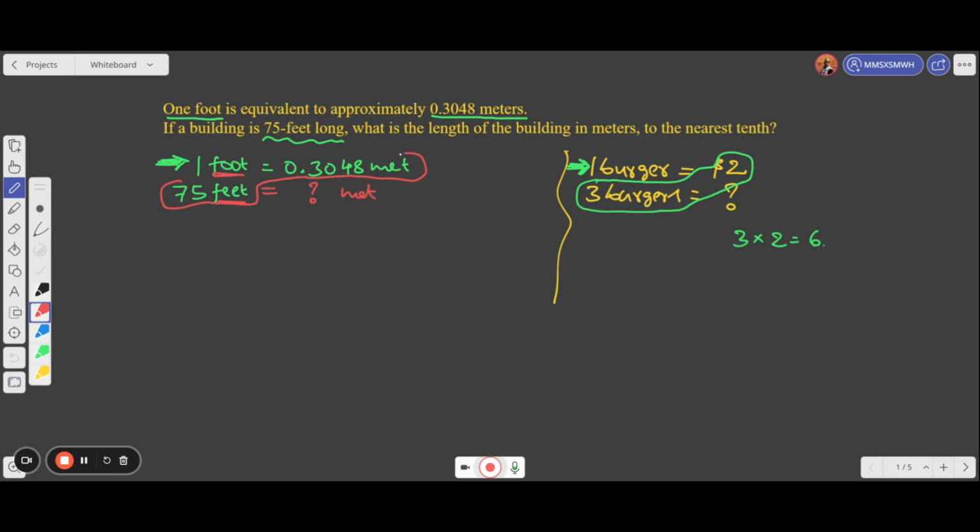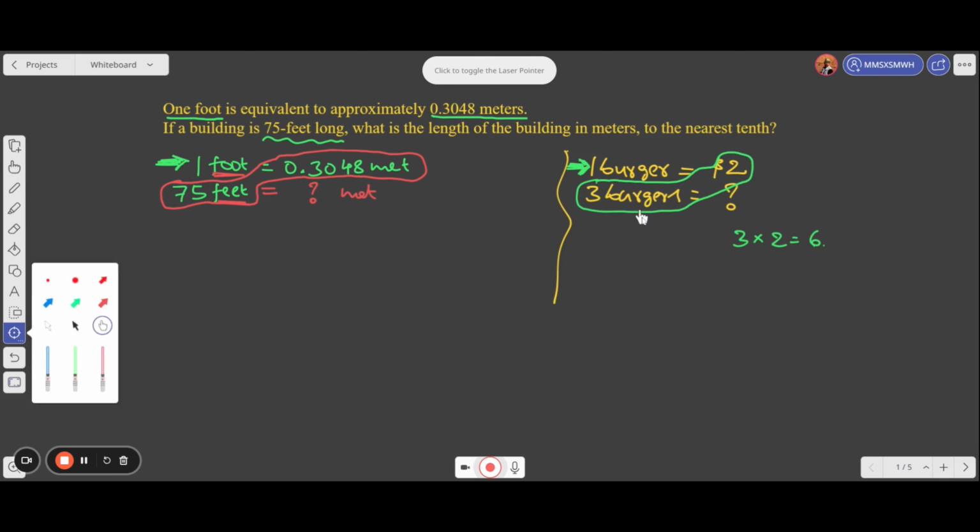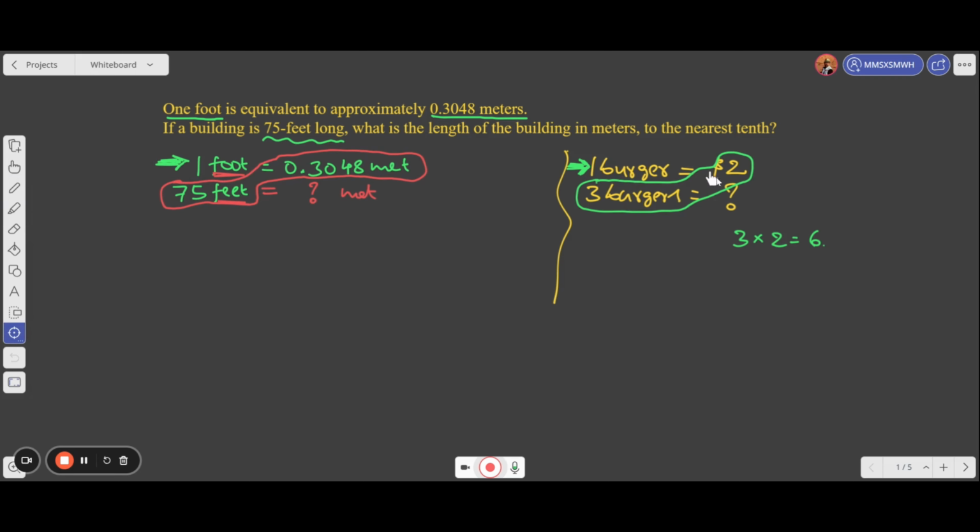If you look at the example, what we have done is we took one burger is $2, three burgers, how much? These two we multiplied. In the same way, this one is similar to this one.